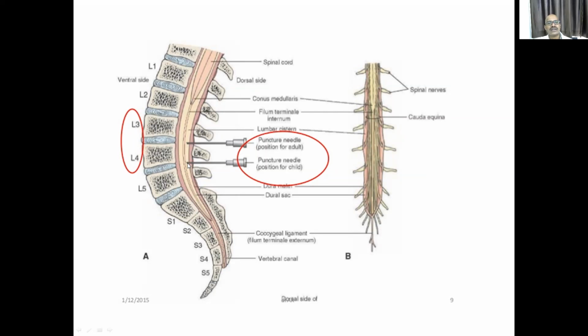The spinal cord ends at the level of T12, so there is no risk of injury to the spinal cord at L3 and L4.